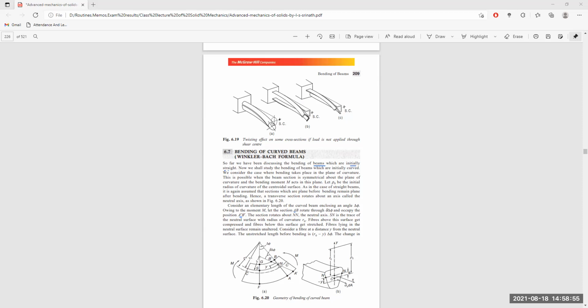Initially this portion was B and A. Now it has become B dash A dash. Due to the external force, it is bent. This portion bends further, and the angle increases from d phi to d phi plus delta d phi.